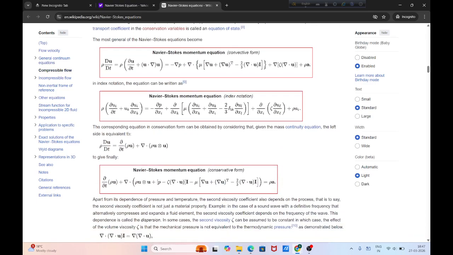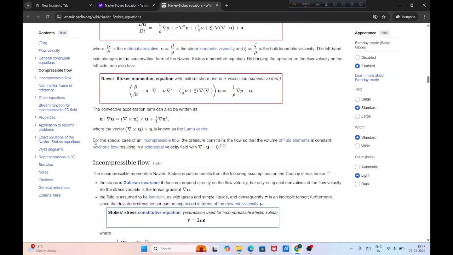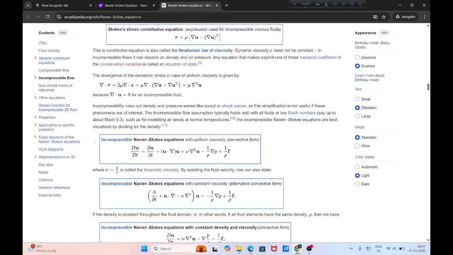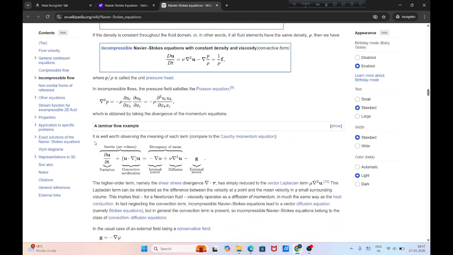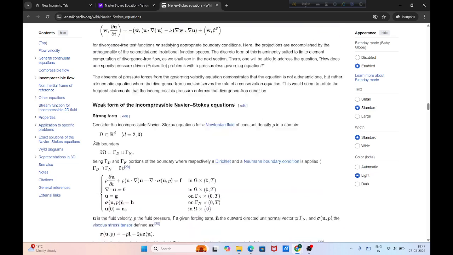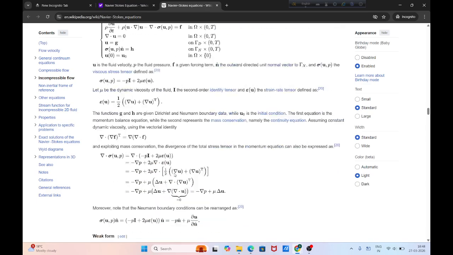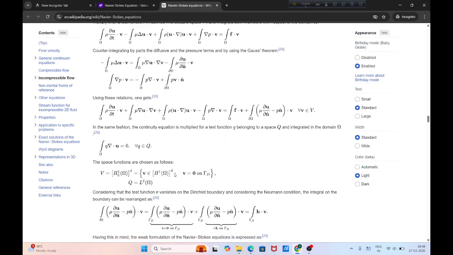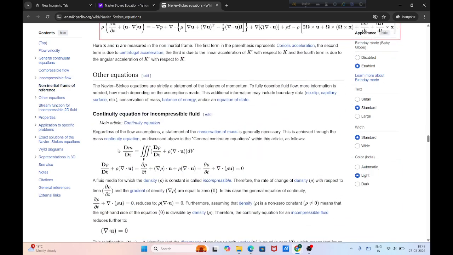Let me find the continuity equation. There is one form of the continuity equation, divergence of u is equal to 0. So there are two equations, one for mass and another for momentum, and that is how they determine the motion of the fluid. This is the continuity equation for an incompressible fluid.